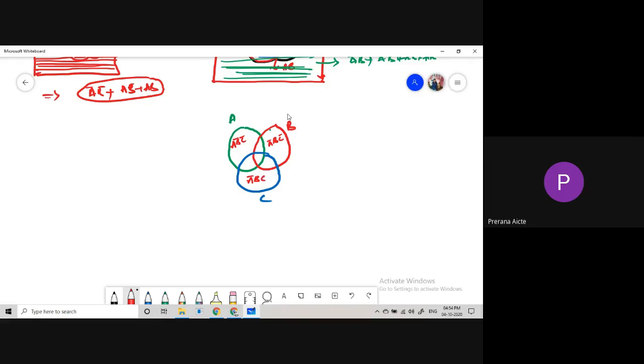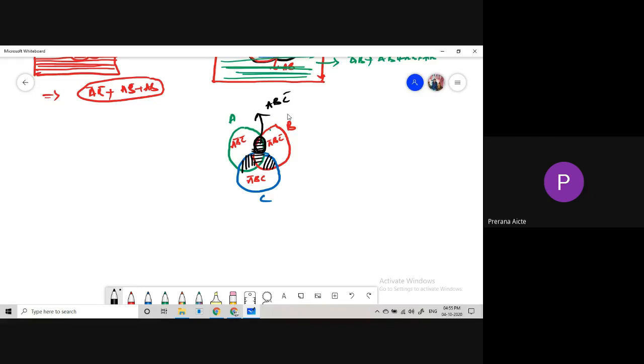Super. Then coming to this one, if we take this shaded part, this one is nothing but ABC bar.